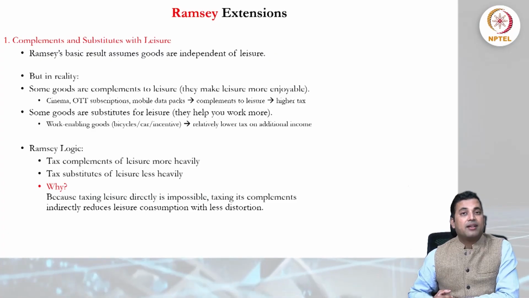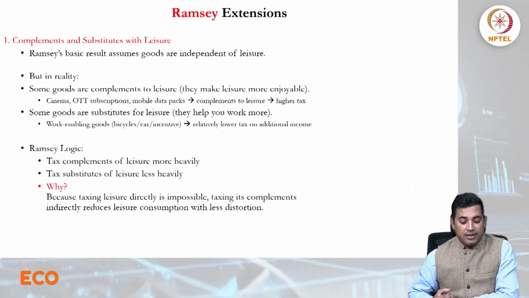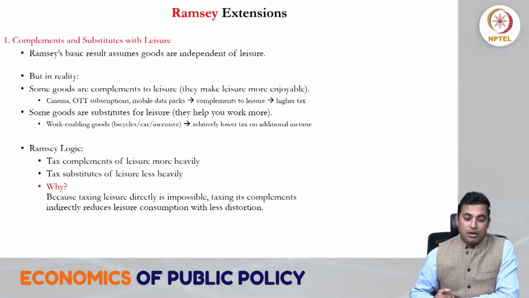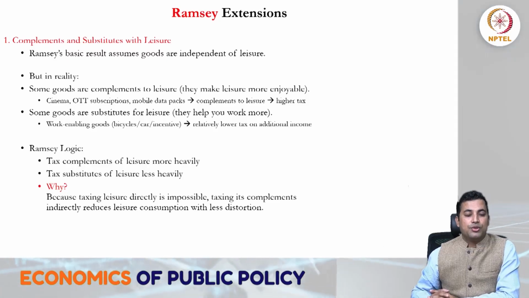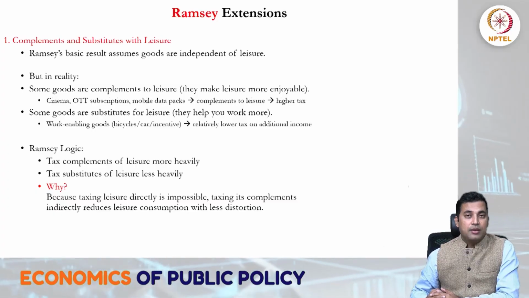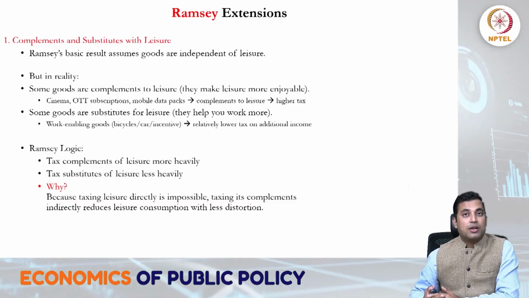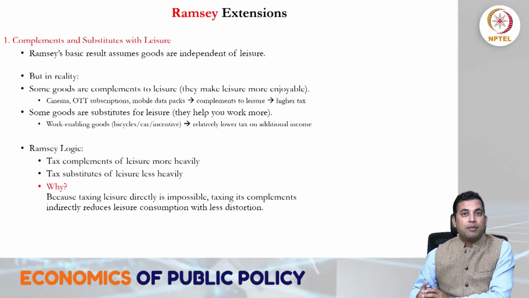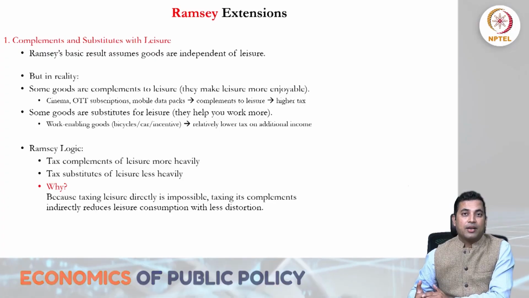Ramsey's basic result, if you recollect, assumes that goods are independent of leisure, but that is not true when we bring in the discussion of labor supply. In reality, some goods are complements to leisure and some goods are substitutes for leisure. So how should we impose tax, and on what?